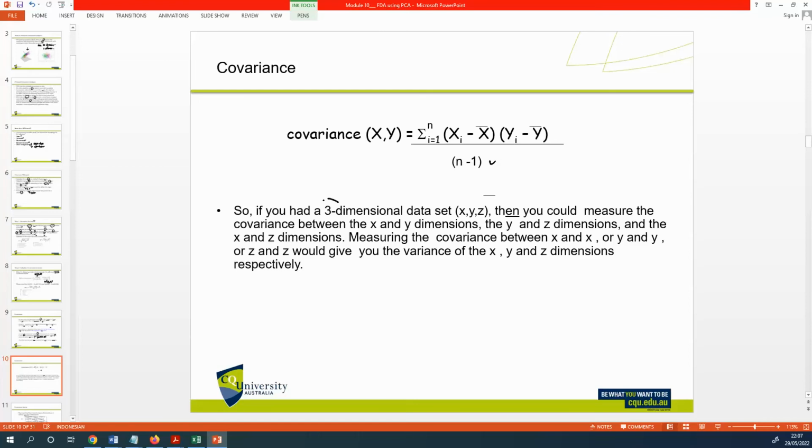So if you have a three-dimensional dataset x, y, and z, you could measure the covariance between the x and y dimensions, the y and z dimensions, and the x and z dimensions. Measuring the covariance between x and x, or y and y, or z and z would give you the variance of the x, y, and z dimensions respectively.